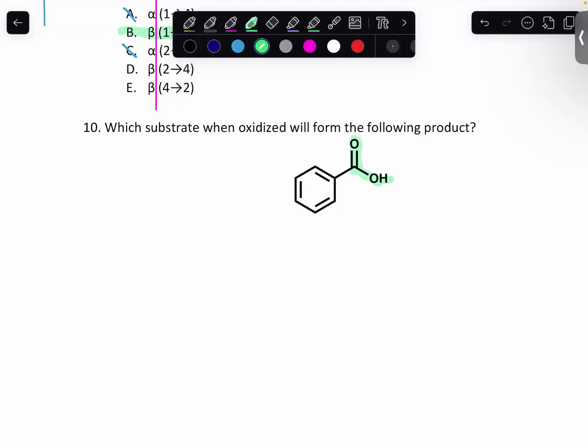So this question kind of has us working backwards. So what substrate will be oxidized? What's another way that we could word this? So, what are our options here?